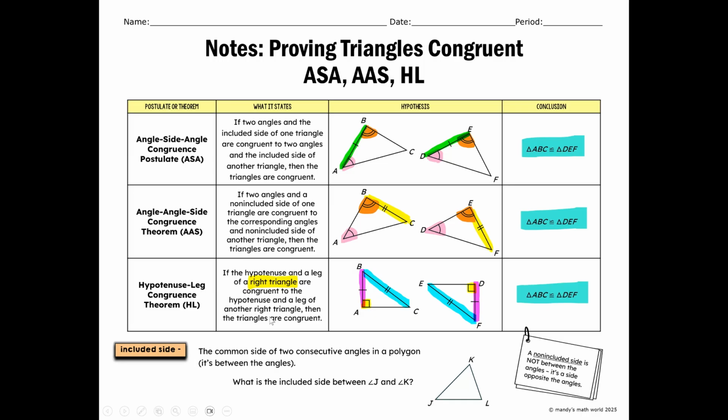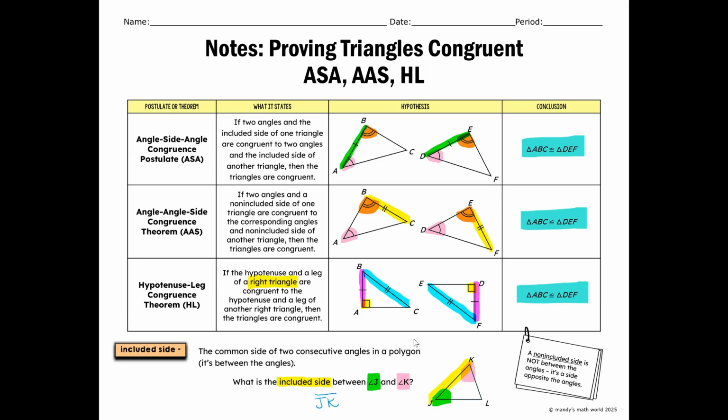So let's talk about what an included side is, because this angle-side-angle has an included side, and this angle-angle-side theorem has a non-included side. So an included side is the common side of two consecutive angles in a polygon. It's between the angles, so two consecutive angles, one right after another. In this triangle right here, what is the included side between angle J and angle K?